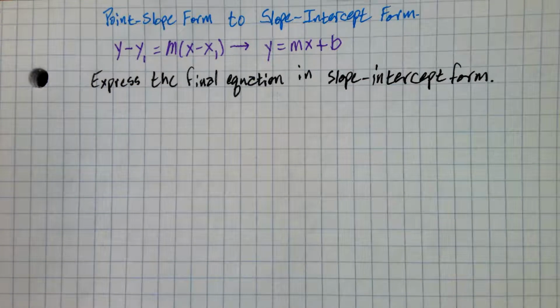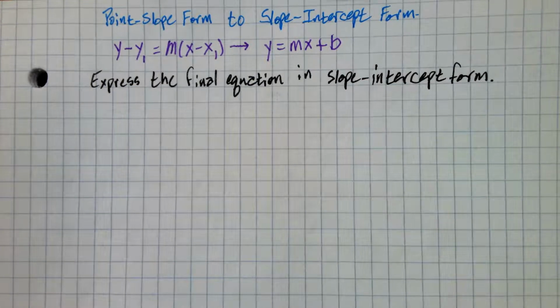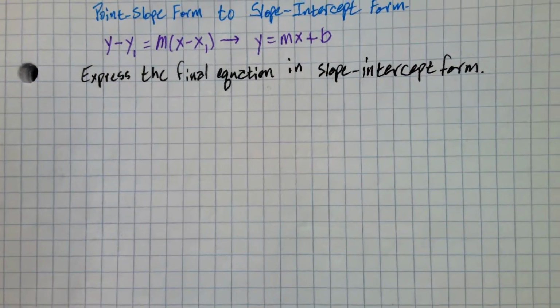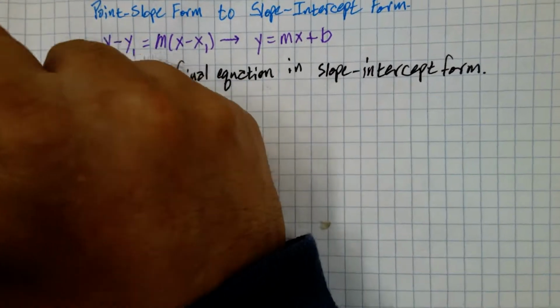Okay, so let's just start with a linear function in point slope form.